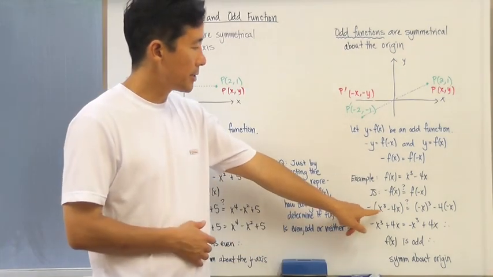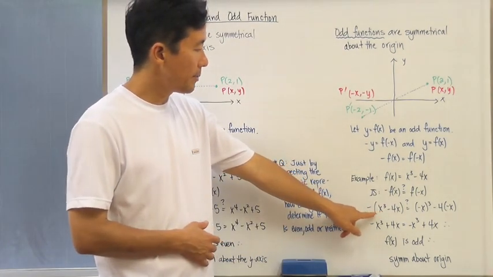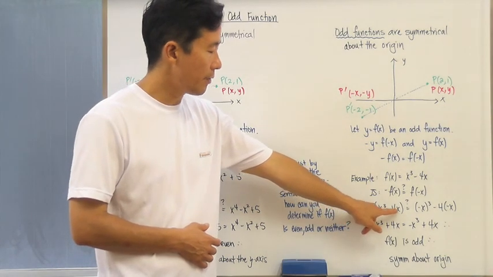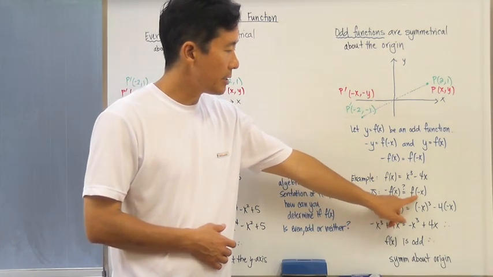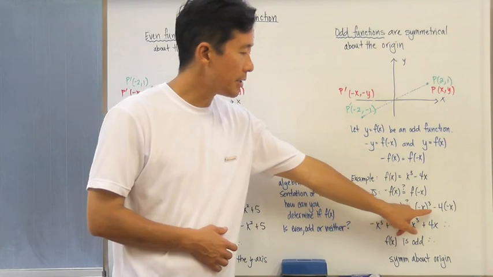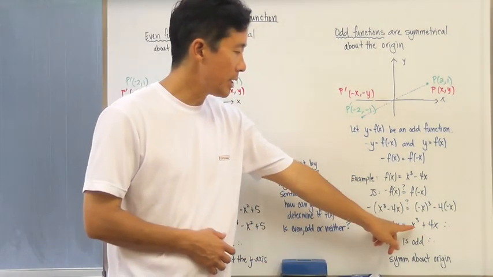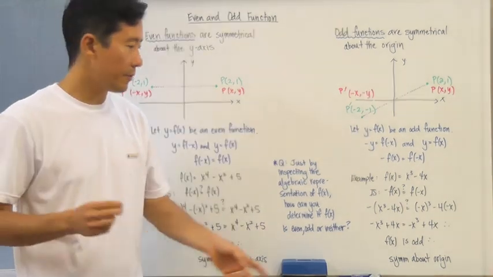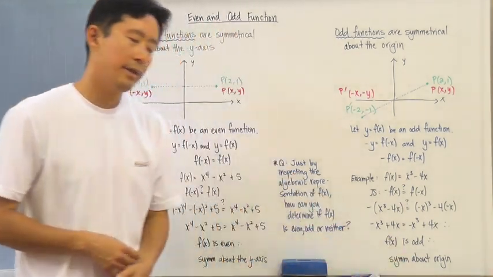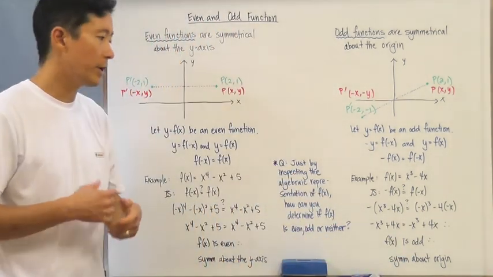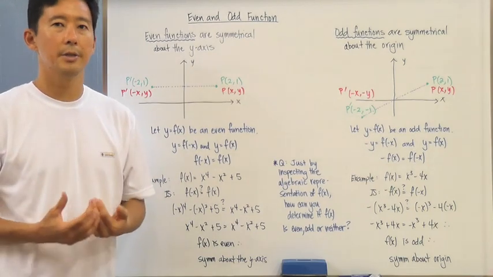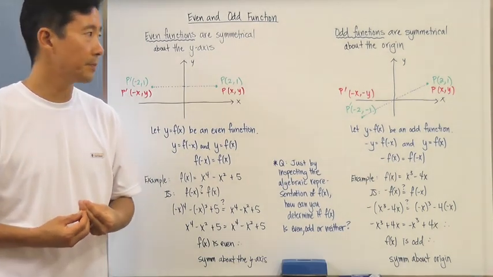If I take the opposite of f of x, which is the opposite of the quantity x cubed minus 4x, and I take f of the opposite of x, notice that I have equality. Therefore I know that the function is odd, and therefore I know that the function, when graphed, is going to exhibit symmetry about the origin.